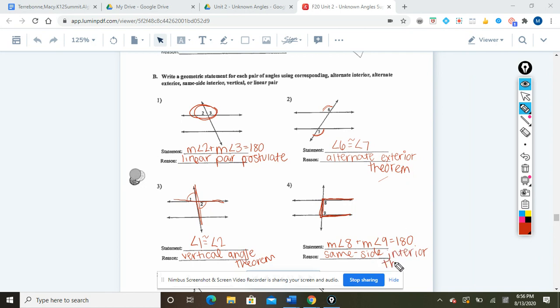The technical theorem for alternate interior, alternate exterior, and corresponding is: if two parallel lines are cut by a transversal, then alternate exterior angles will be congruent, or alternate interior angles, or corresponding angles.